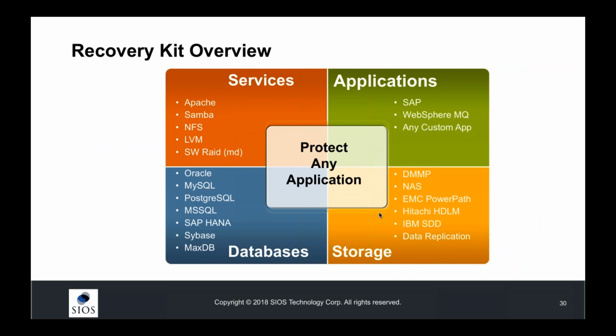And the recovery kits, as I mentioned before, they really are the connective tissue for all these other things. DataKeeper handles its job of synchronizing data. But now, how about all the services that are involved in the application stack? How about the applications themselves?